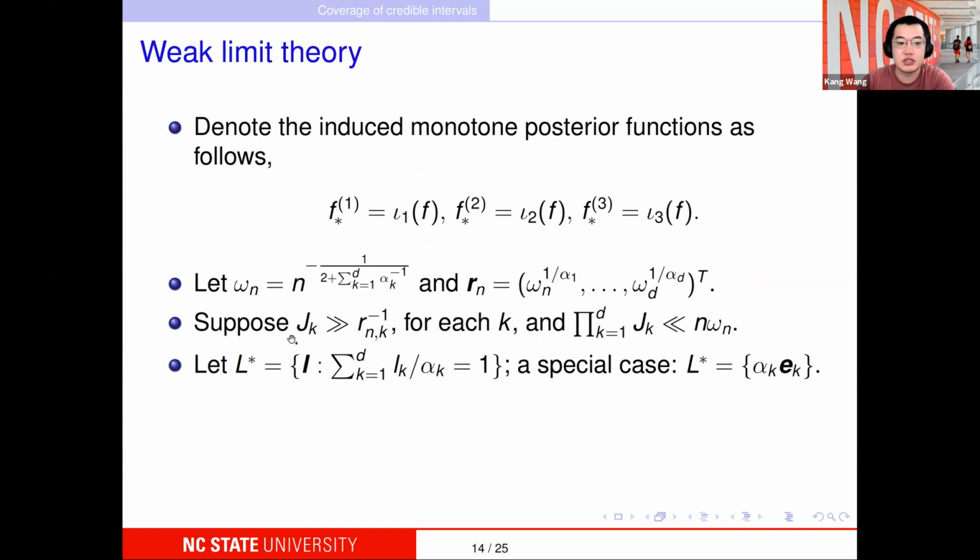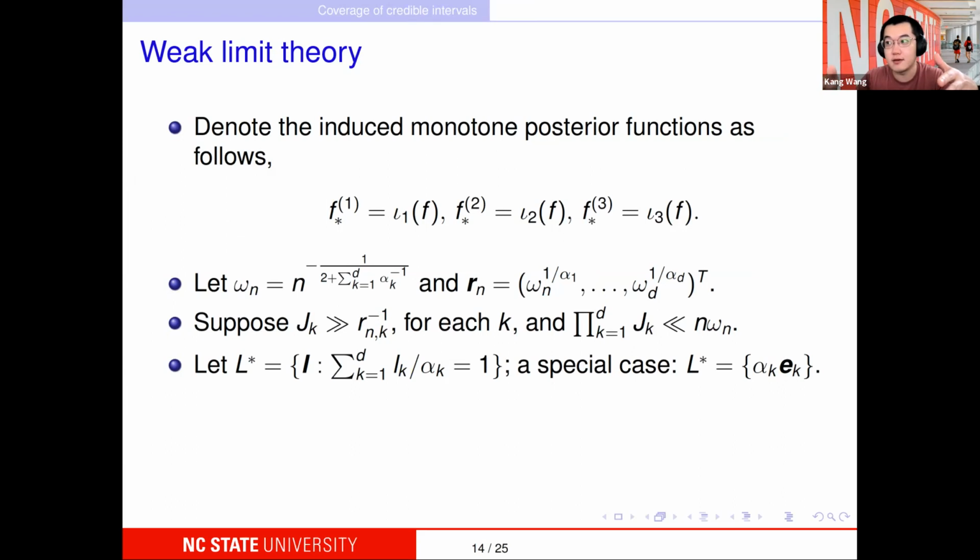Here J should satisfy this restriction: J_k is greater than 1 over r_k, where r_k is the rate along the direction k. So we need a partition finer than the inverse of the convergence rate, and also the product of the J_k, I mean the cardinality of the partition, cannot be too large.